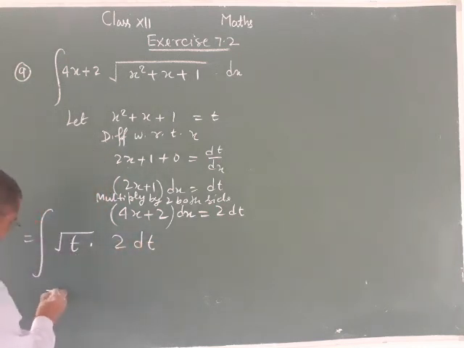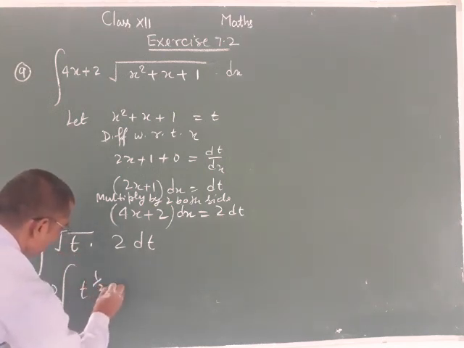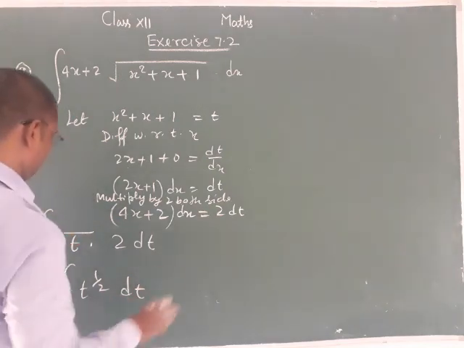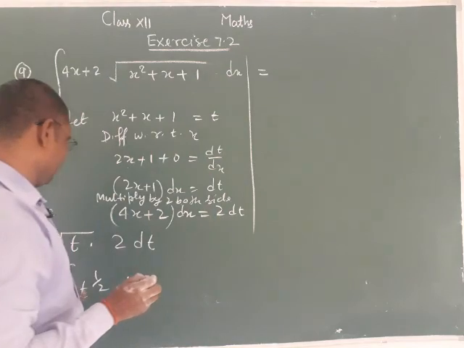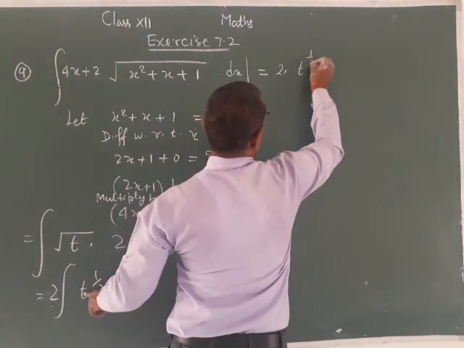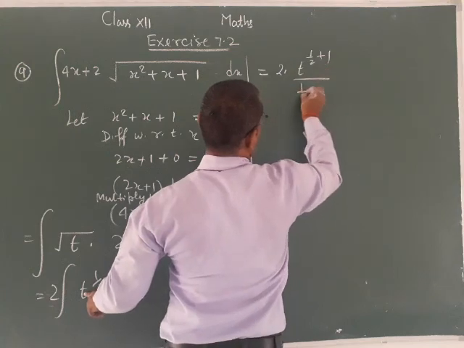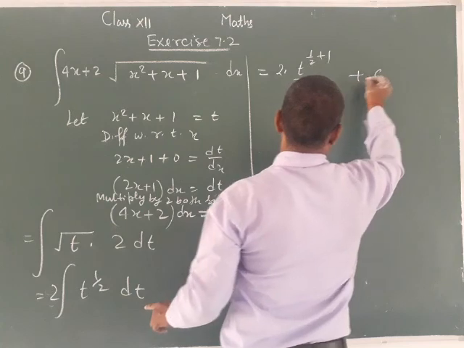So 2 comes out, integration of t to the power 1/2 dt. So we can write 2 into t to the power 1/2 plus 1 upon 1/2 plus 1, plus c.